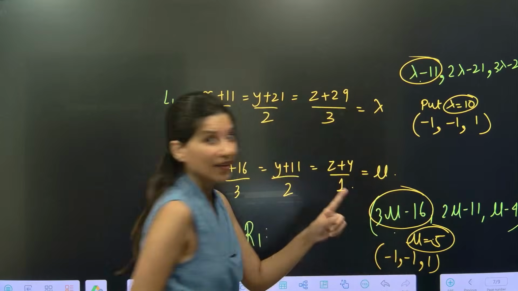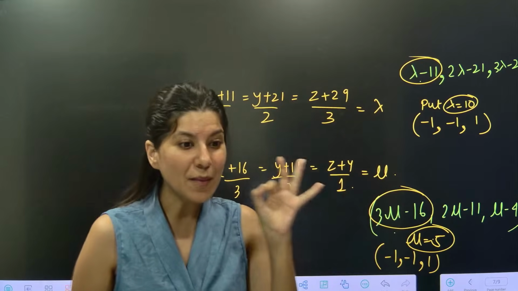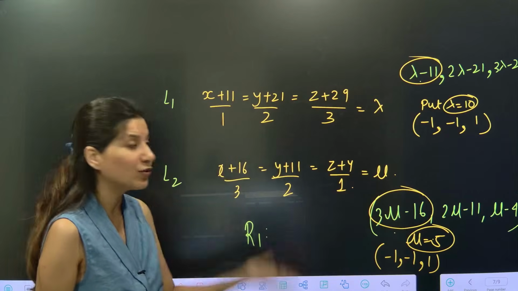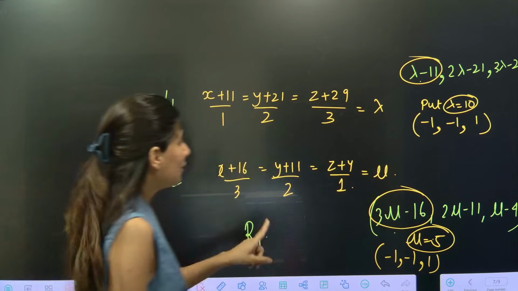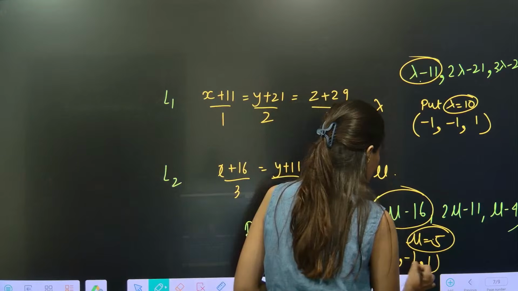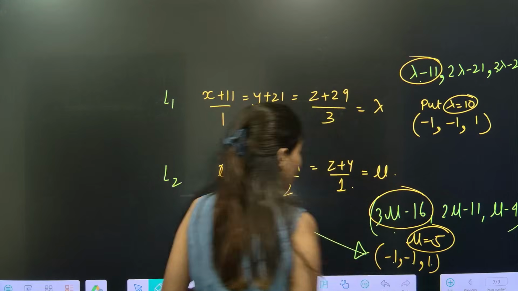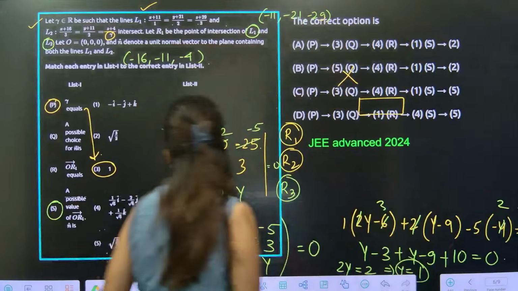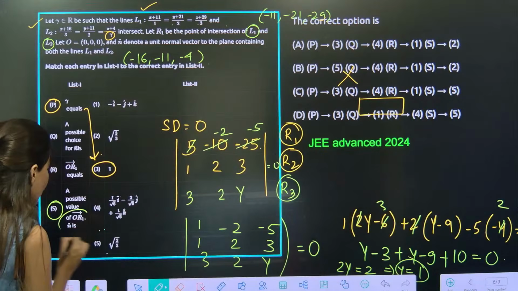Can you see that both the coordinates are matching? Otherwise, you have to equate. So, the point of intersection you have got is minus 1, minus 1, comma 1, which is your R1. So, your R1 at least is sorted.